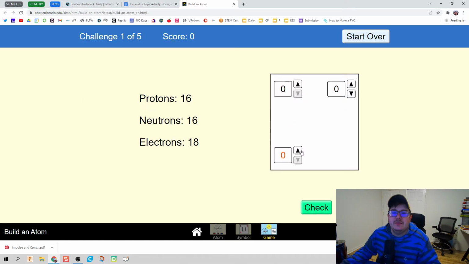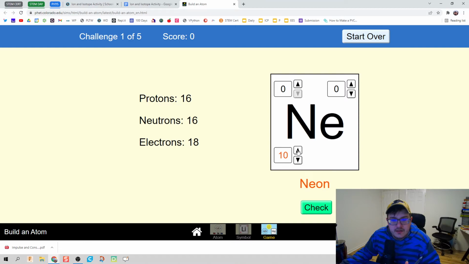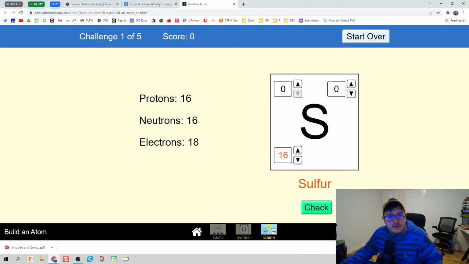Okay. And then let's do these last two. So here's where things get a little bit tricky and it kind of wraps it all together, where you're going to have to put the whole thing together. So we're going to have 16 protons. So we have sulfur. To find your atomic mass, let's write it in: atomic mass equals 16 plus 16, since we have 16 protons and 16 neutrons. That's P plus N. There we go.